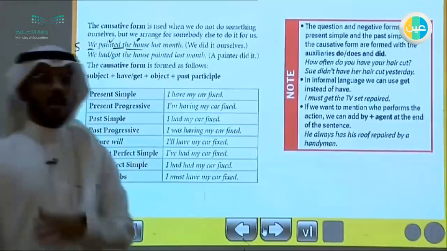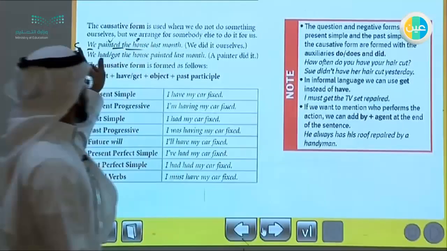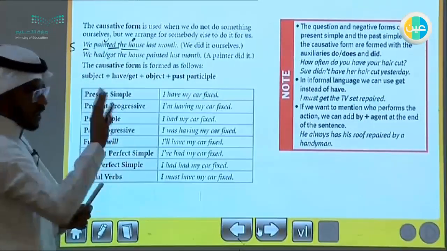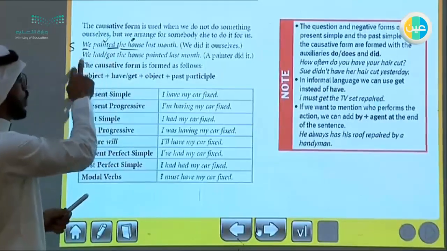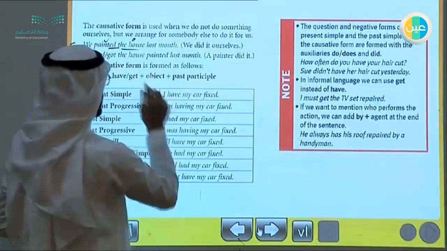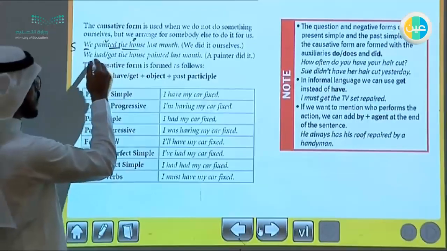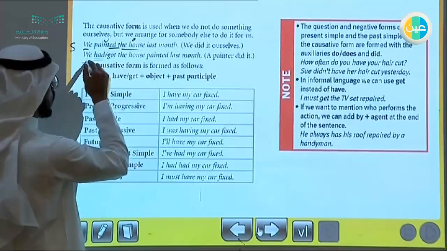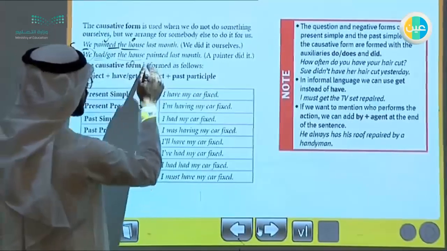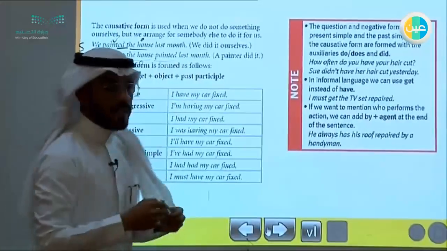Now, when I use causative form, look at this sentence. We had, or we got, it's optional, we had the house painted last month. Now this is the subject, had, the house is the object, and the verb is in past participle.